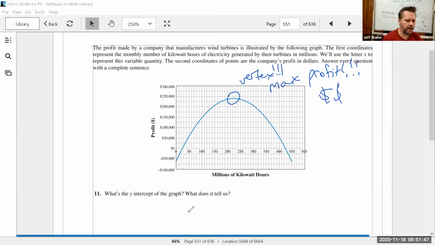So again, what do you think the y-intercept tells you? What is the y-intercept of this roughly? Looks like it's around (0, -47 or 48,000).